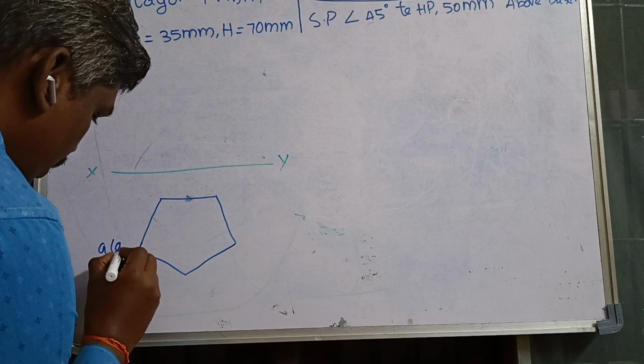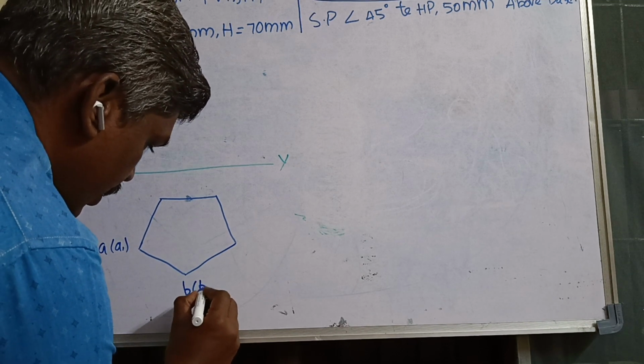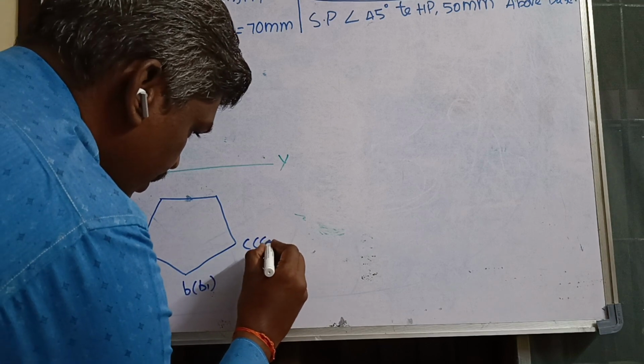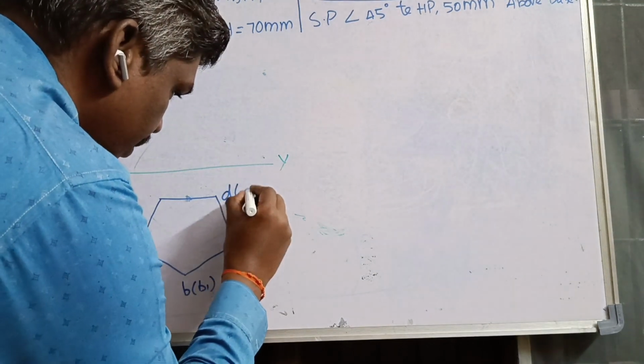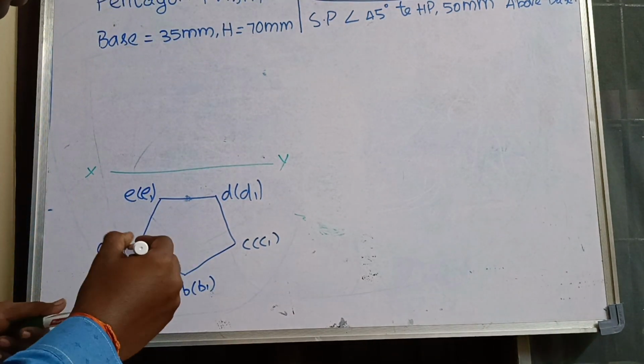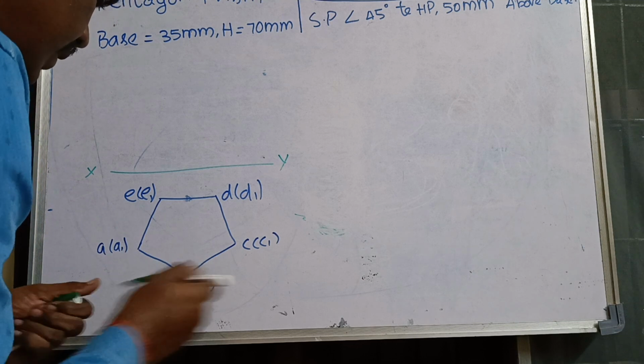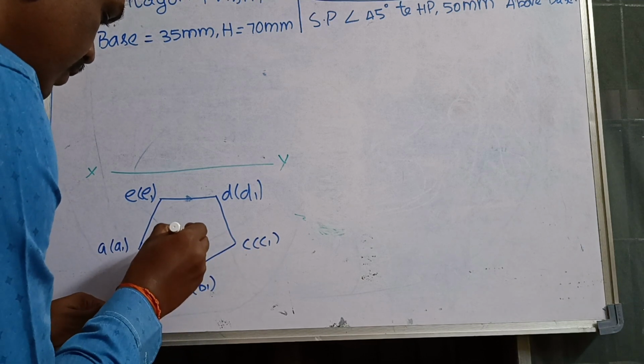Then you mention the AA1 long edges, BB1 long edges, CC1 long edges, DD1 long edges, EE1 long edges. Also find the center point for this top view.